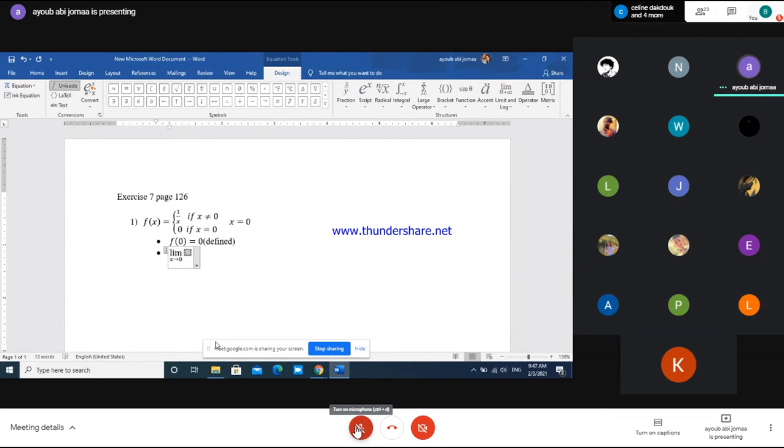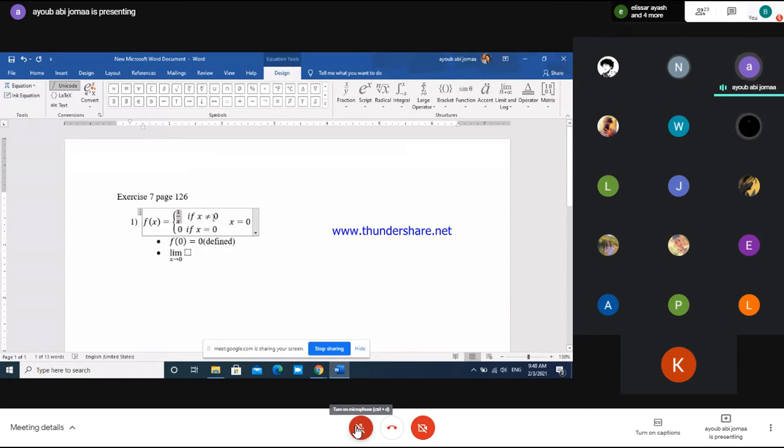In this one, when you say x different than 0, not necessarily 0, x different than any number, it means that when you have to find the limit, please note: when you are given here x different than a given number, it means that for the limit as x approaches 0 minus or 0 plus, you have to use this function. You have to use 1 over x.